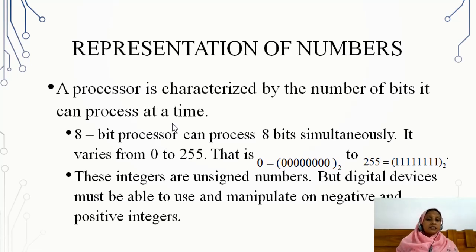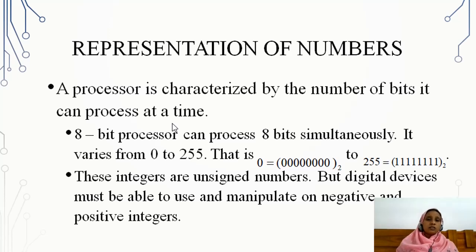Now, these integers can be positive or negative. In that case, what do we have to do? Till now, we discussed only unsigned numbers. We never mentioned them as either positive or negative.